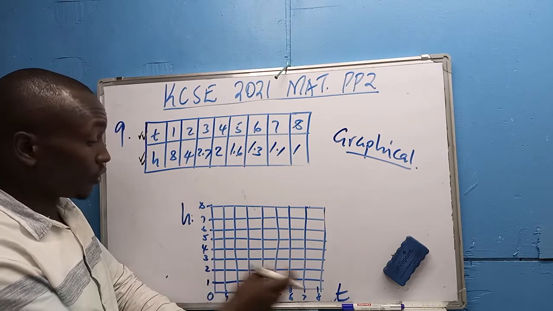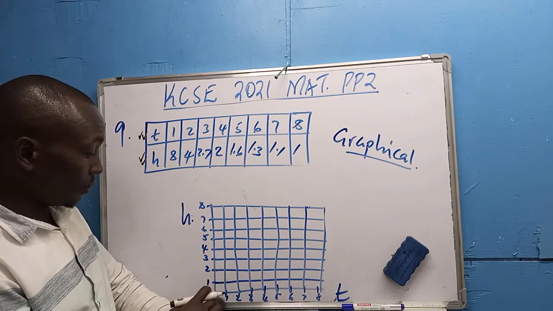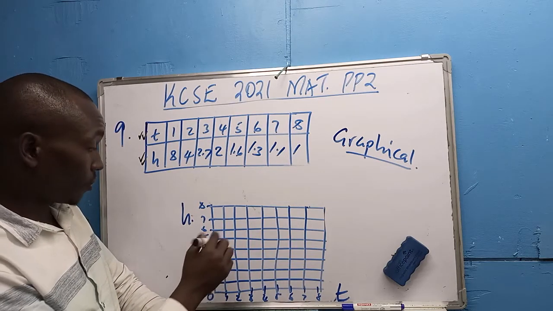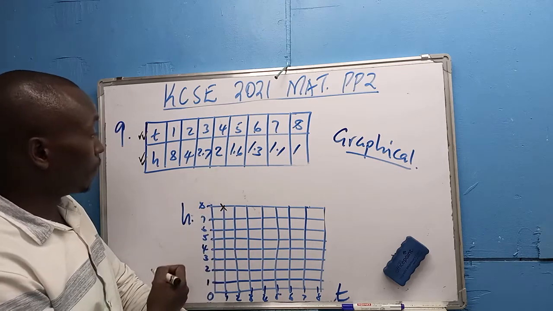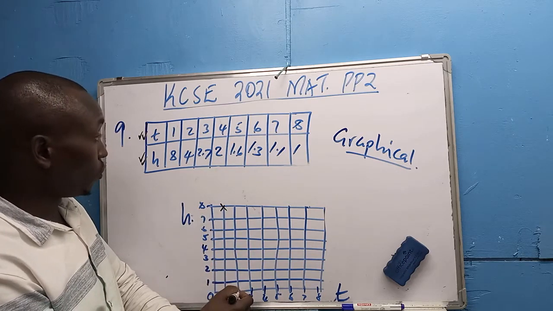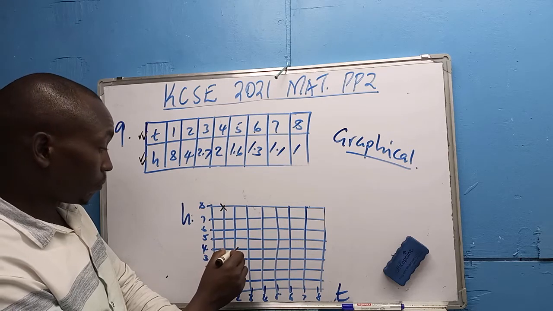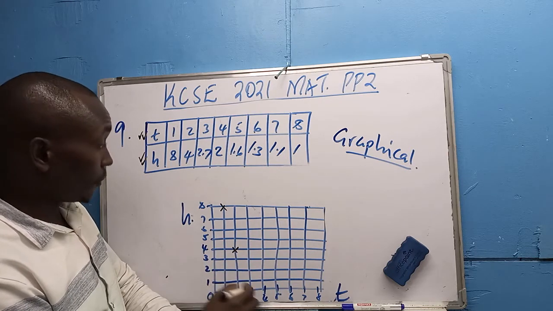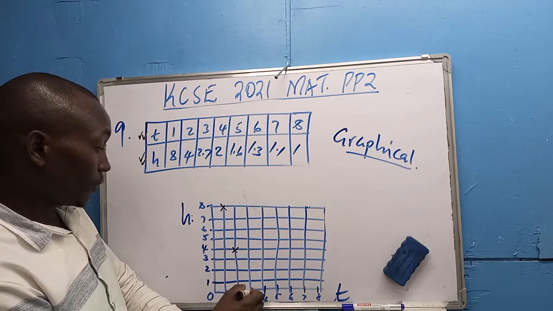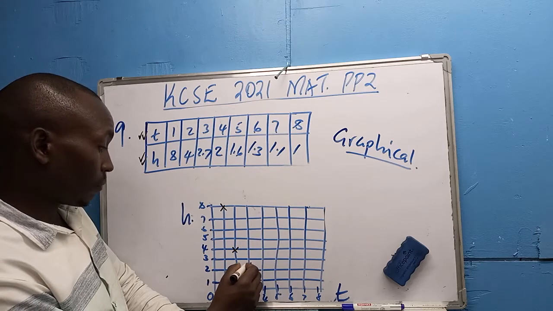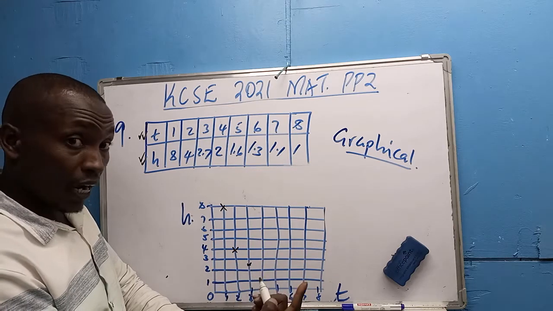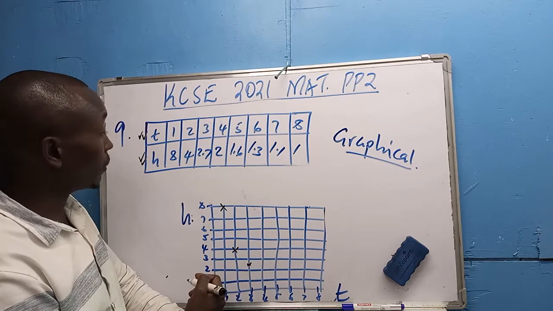This is h, this is t. So when t is 1, h is 8. When t is 2, h is 4. When t is 3, h is 2.7. Yes, somewhere there. You know, with your accurate graph, you can be able to plot.